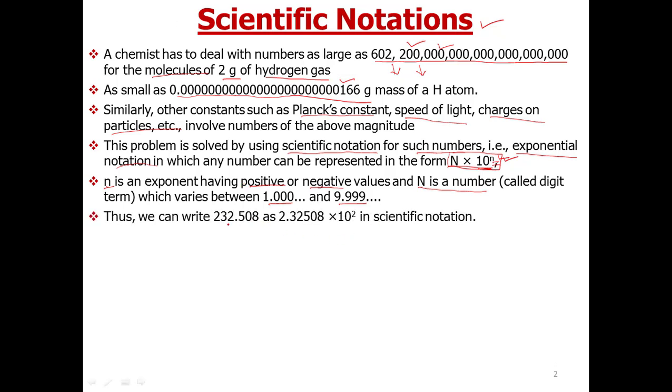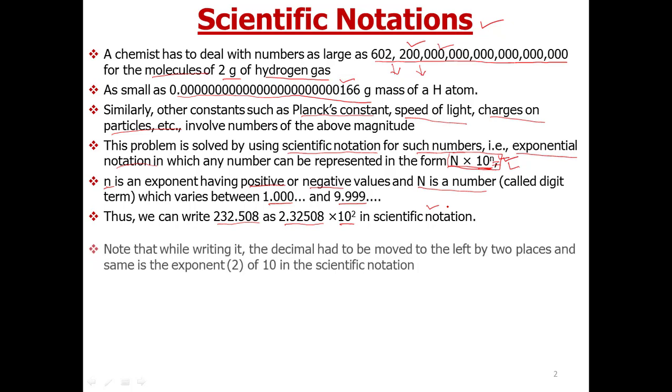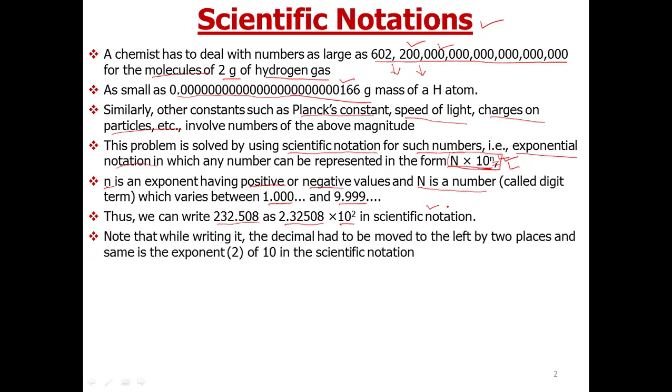Suppose this is a number, 232.508. It can be represented in scientific form as 2.32508 into 10 raised to the power 2. Let us see what we have done. We have moved the decimal two places to the left.